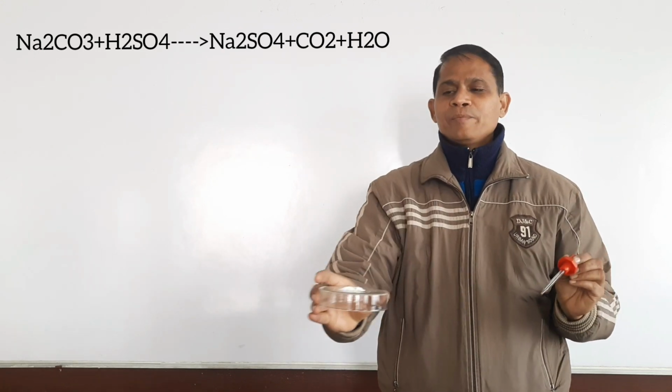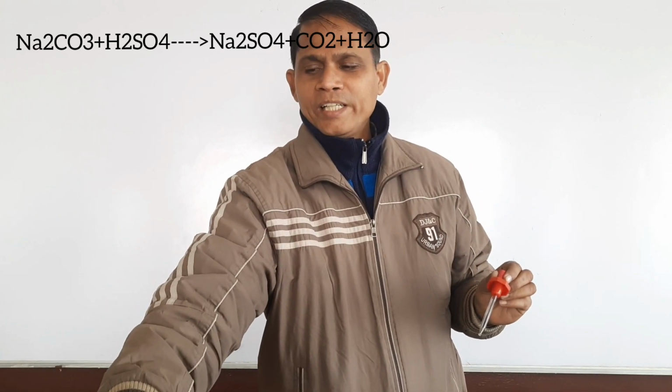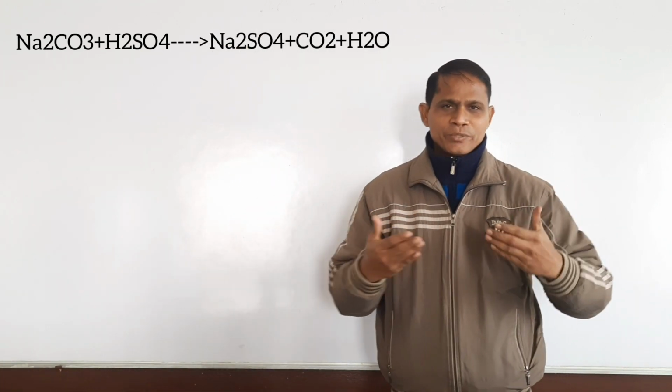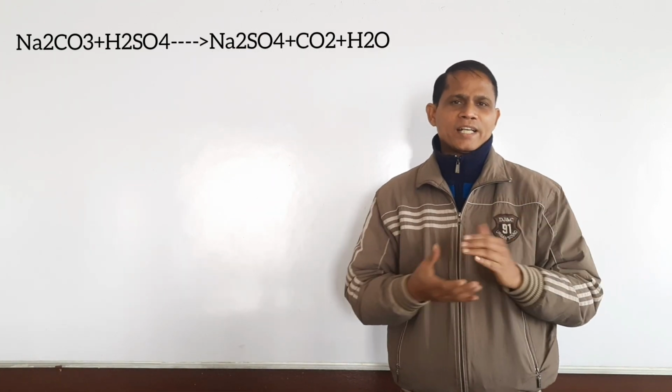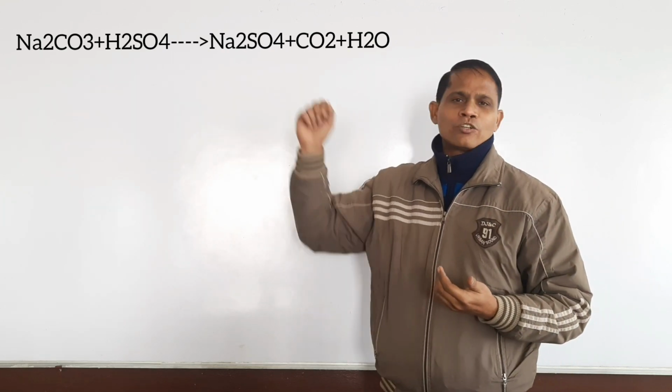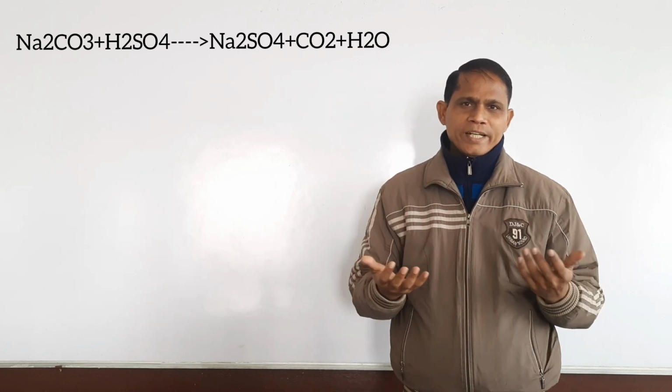So this effervescence is due to the evolution of carbon dioxide gas. During this process, carbon dioxide gas is being evolved. The chemical reaction I have already shown on the board. You can see it here, students.